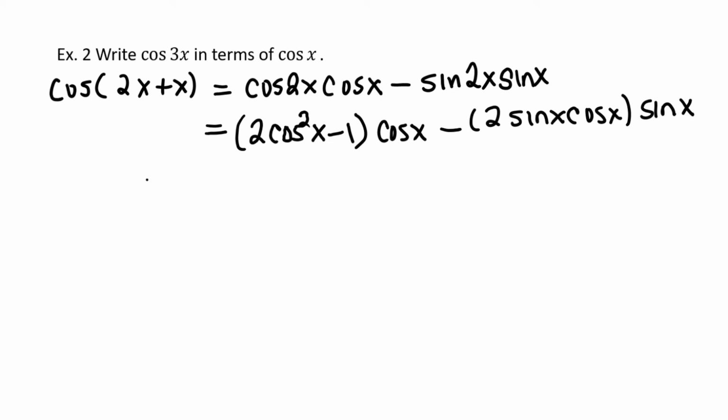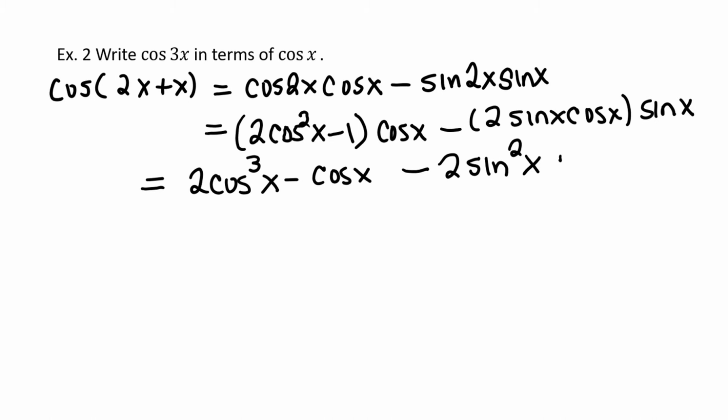Let's continue. Let's distribute the cosine x on the first set of terms, so we will have 2 cosine cubed x minus cosine x. On the next set, we have to be careful because we've got a negative and a sine x to distribute. So we'll have negative 2 sine squared x cosine x.